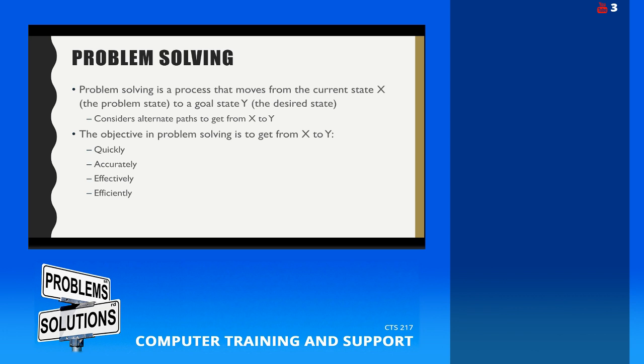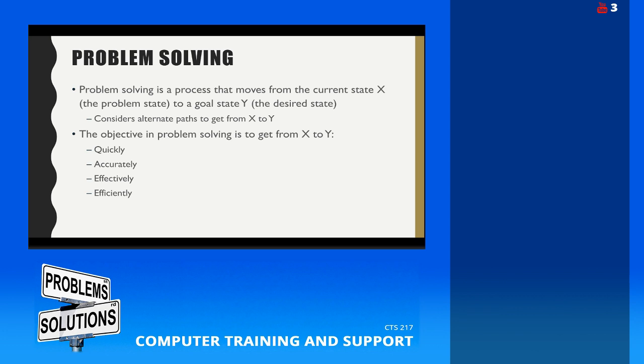Now, obviously, this isn't possible all the time. Sometimes you get some real stumpers. Sometimes the problem state and the desired state are separated by a huge chasm, so that quickly property becomes tough to get to.